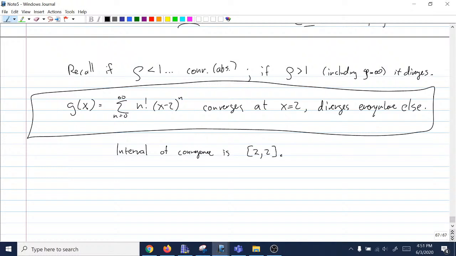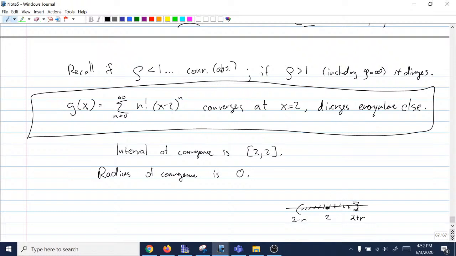If I had to write that point as an interval, it would be the interval from 2 to 2, closed brackets. The radius of convergence is 0. I haven't justified this yet, but we're going to see that the times that this converges are always going to be an interval that's centered at 2 with some radius.